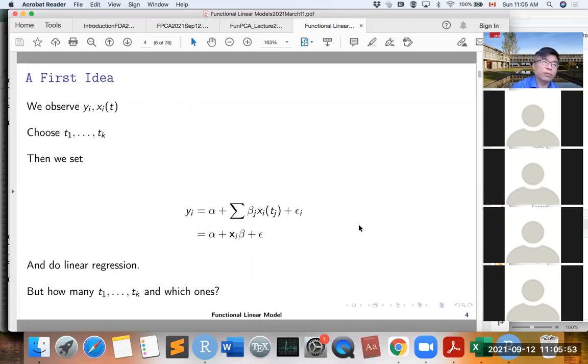The second problem is that the values of xi at neighboring time points are highly correlated. The temperature today will be very close to the temperature tomorrow. In other words, these predictors xi(tj) will be highly correlated.